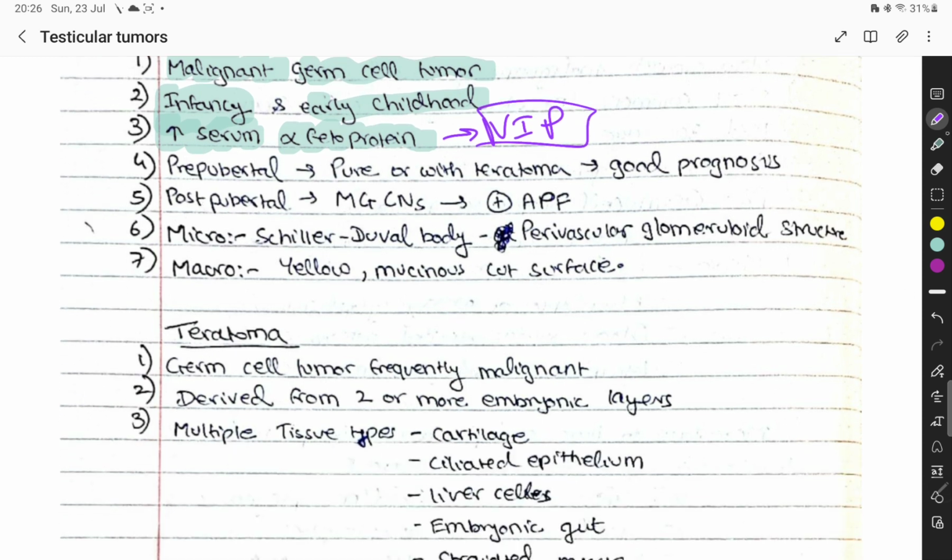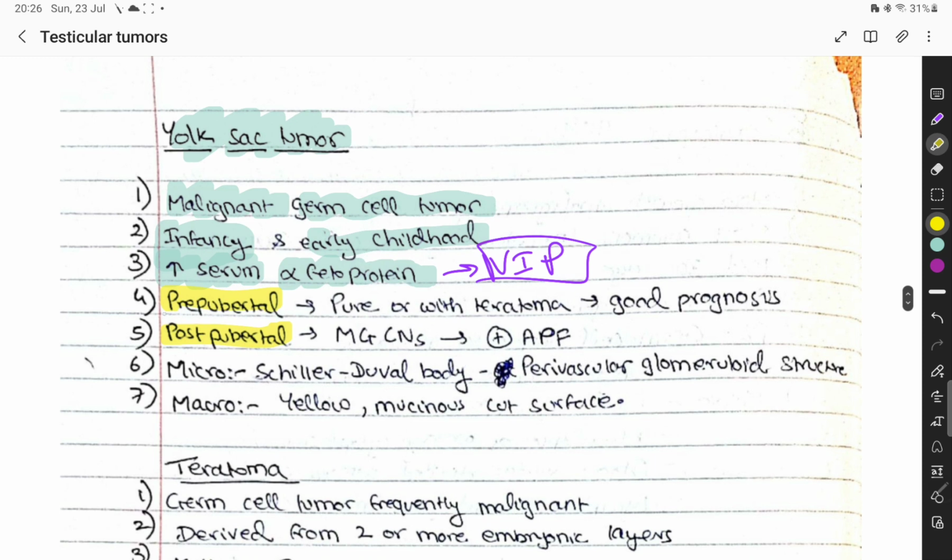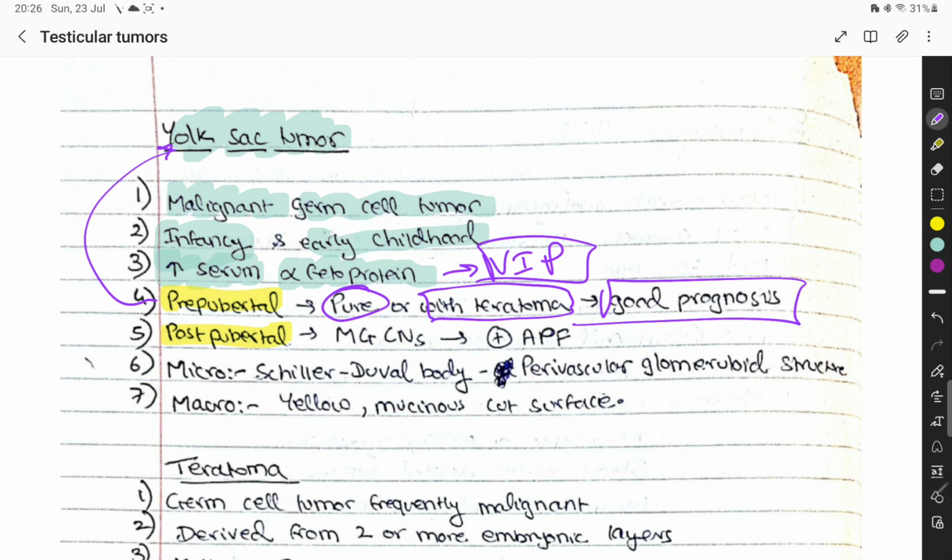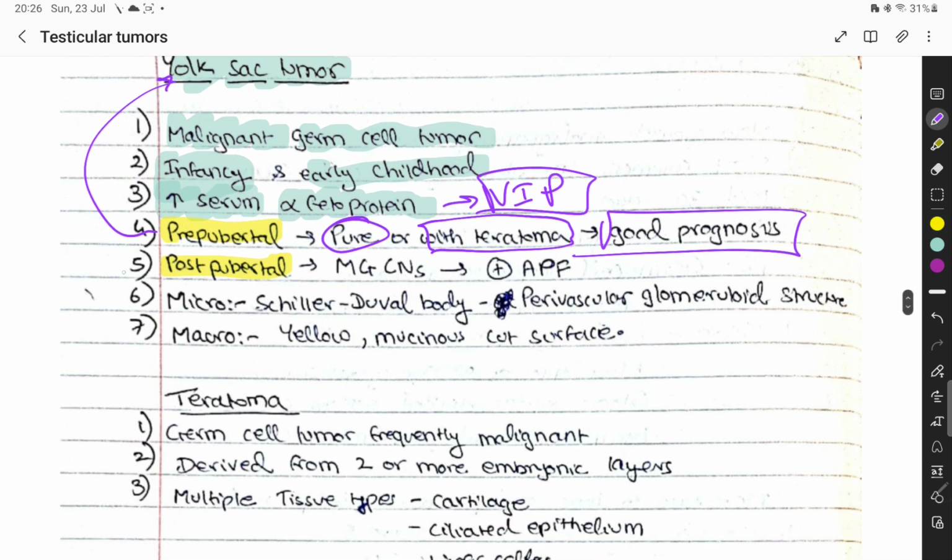Then you have prepubertal and postpubertal. If someone gets a yolk sac tumor before puberty, what happens? They are mostly pure or with a teratoma. Good prognosis. If they get it after puberty, then they have a mixed germ cell neoplasm and they increase alpha fetoprotein.